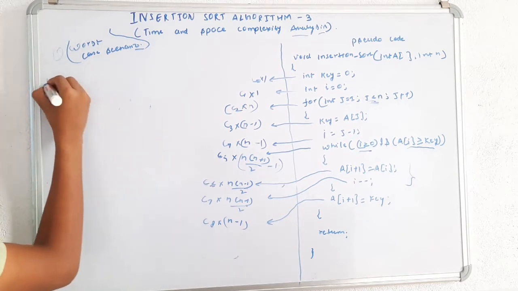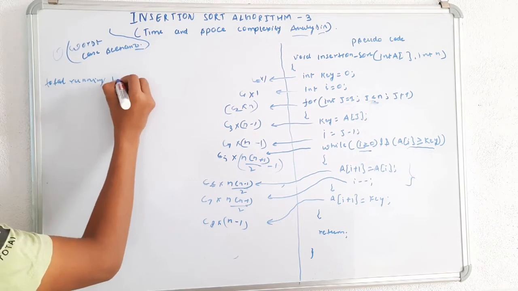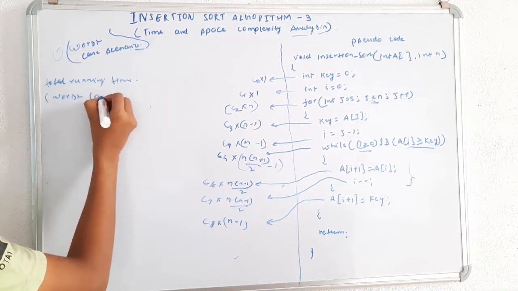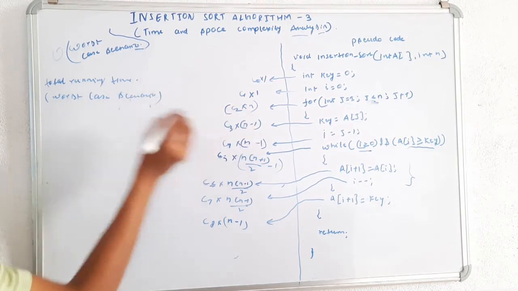So the total running time, and do note we are calculating for the worst case scenario, will be to add all these times.